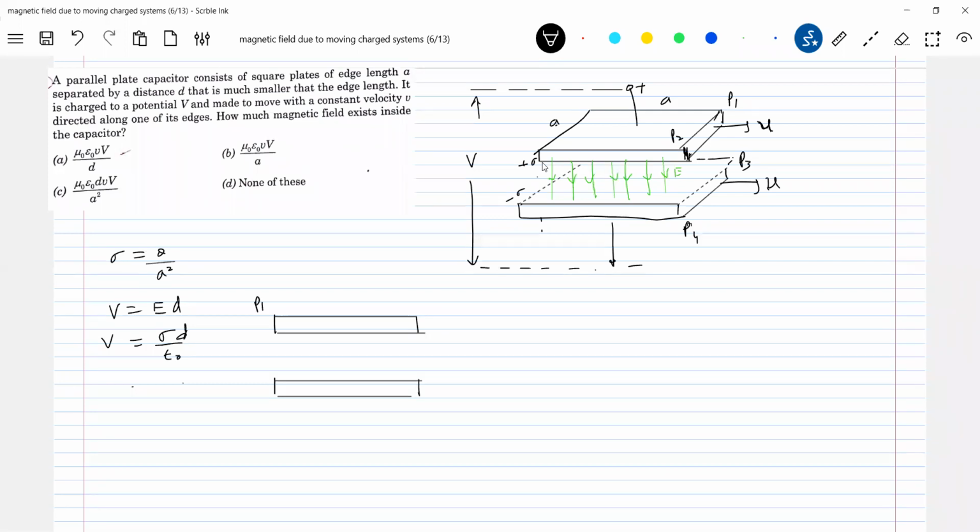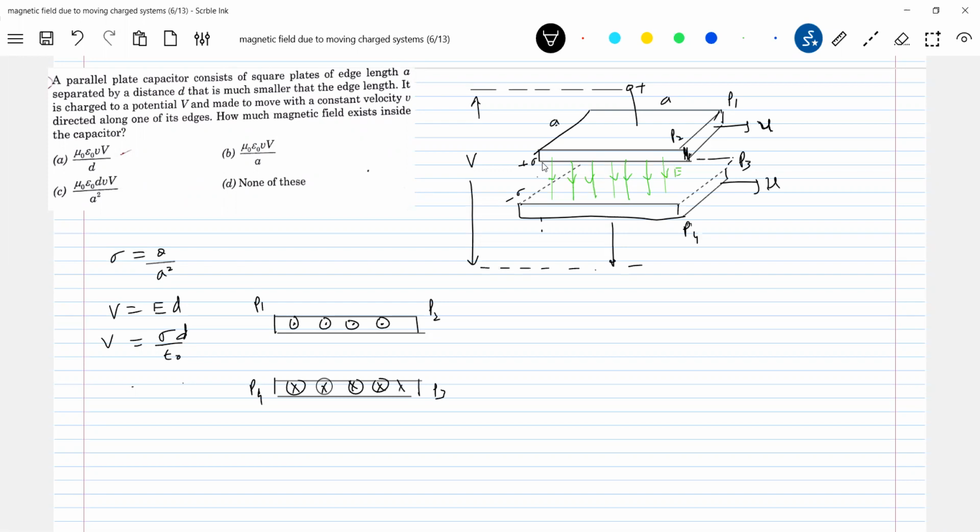This should be the out-of-the-plane current. This should be into the plane, because negative charge moving means positive charge moving towards left.